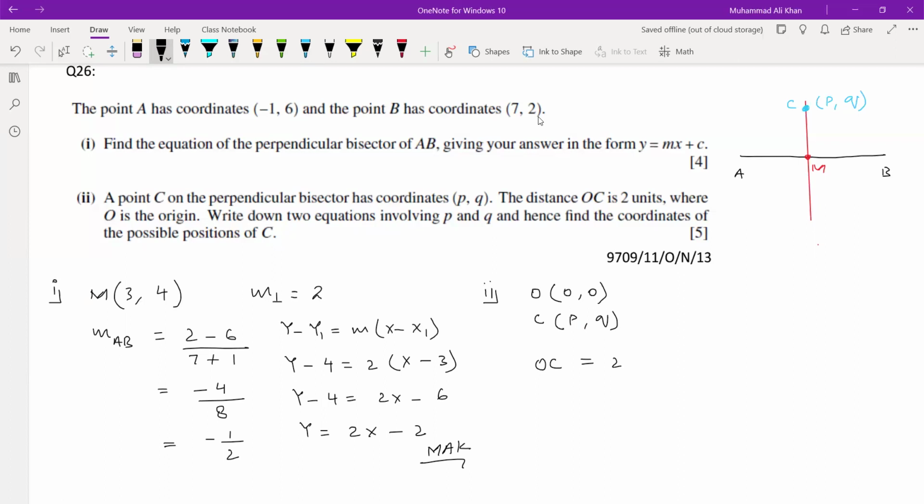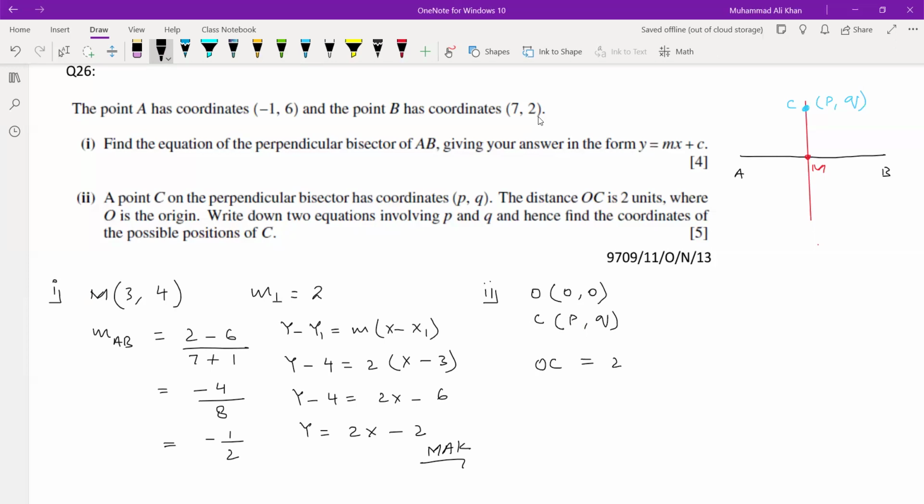Now, after that, write down 2 equations involving P and Q and hence find the coordinates of the possible position of C. Means we have to calculate the values of P and Q. Now how will they come?